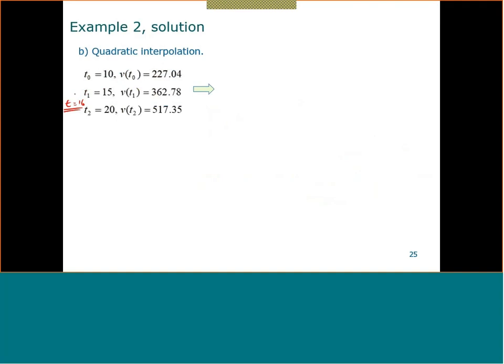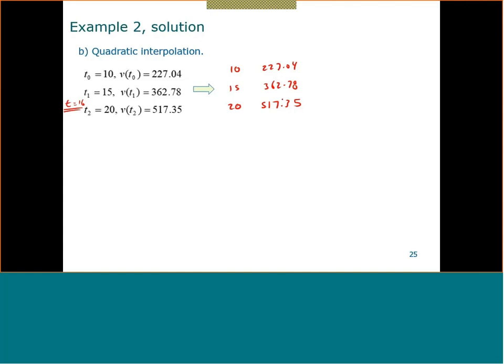So we have 10, 15, and 20, and then we have V at t0, which is 227.04, then 362.78, and 517.3035.